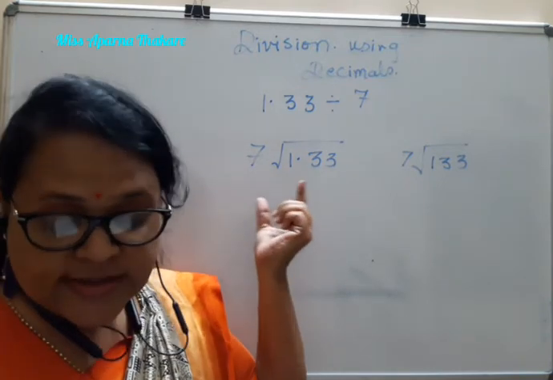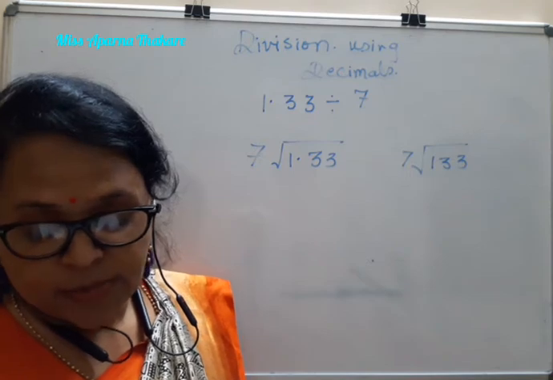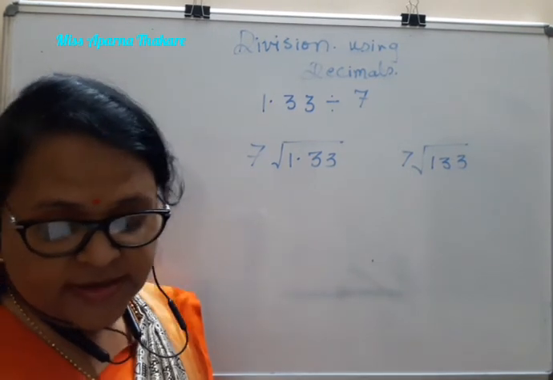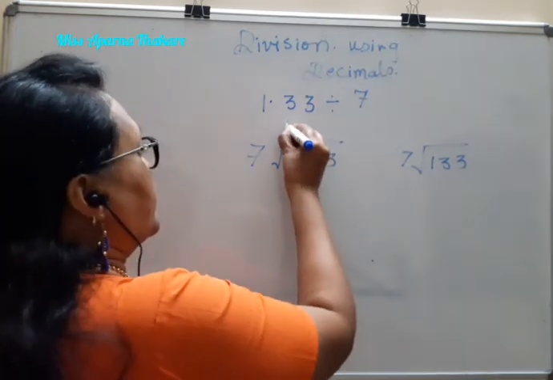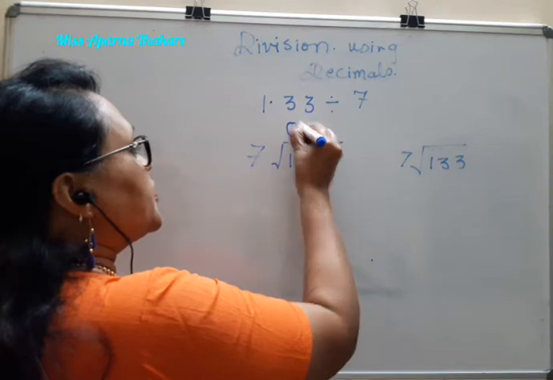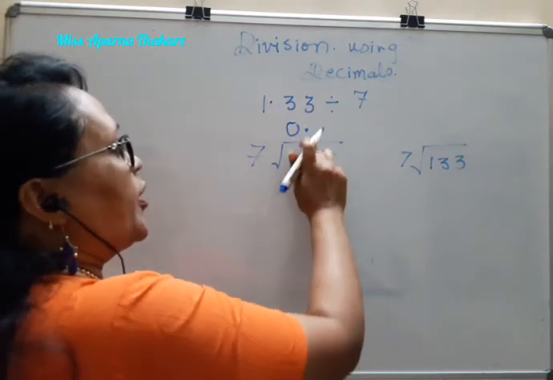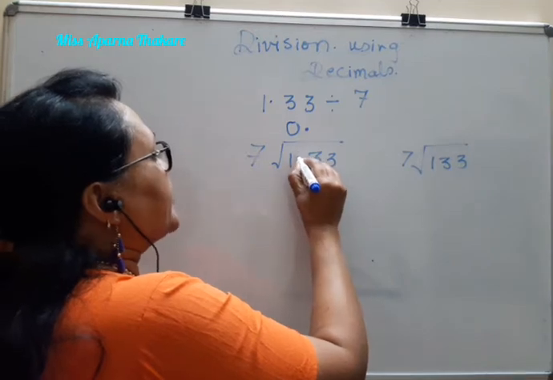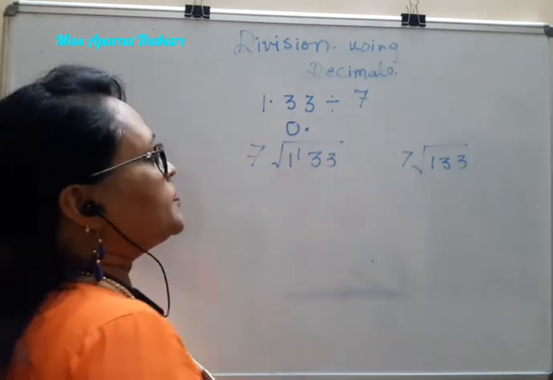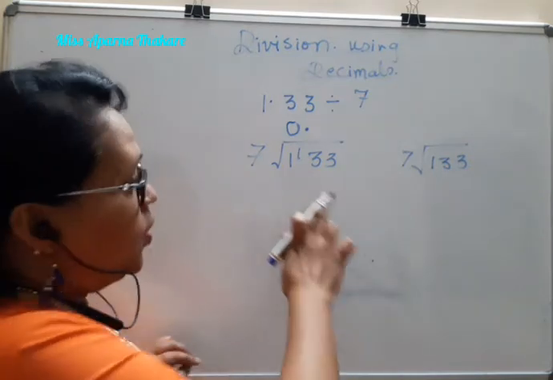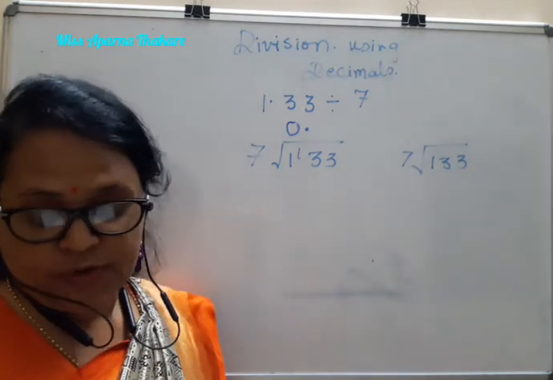So they say to place the decimal point first. They give the 0 once. This decimal point we take to the quotient place, so it gets cancelled, and 133 remains.